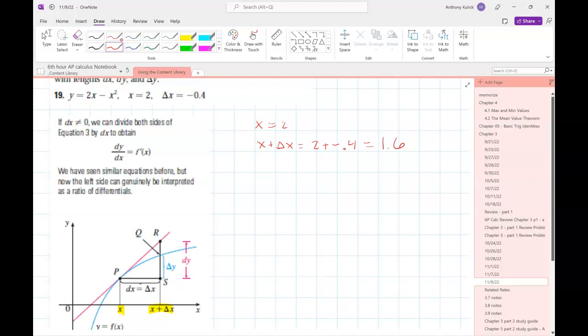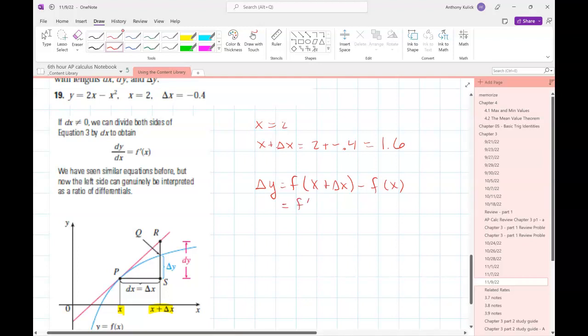Now I'm going to figure out my delta y, which in this case, let's use f of x plus delta x minus f of x.